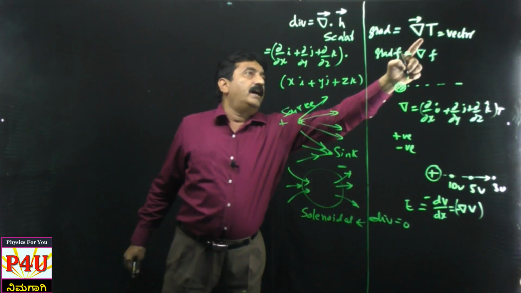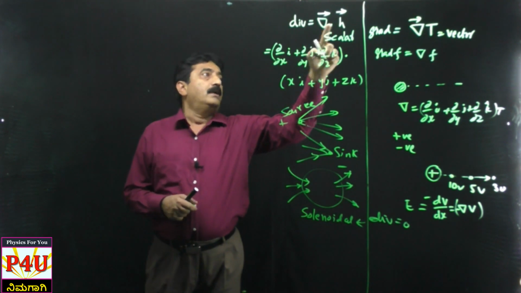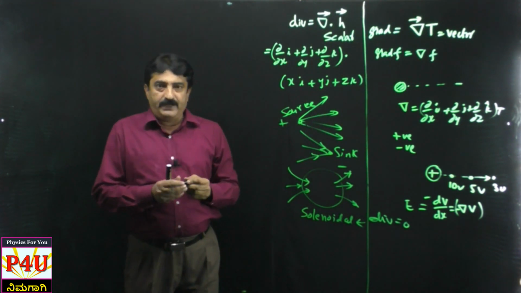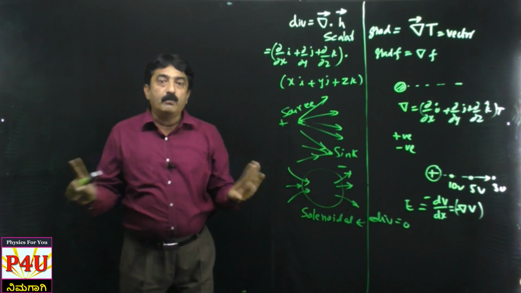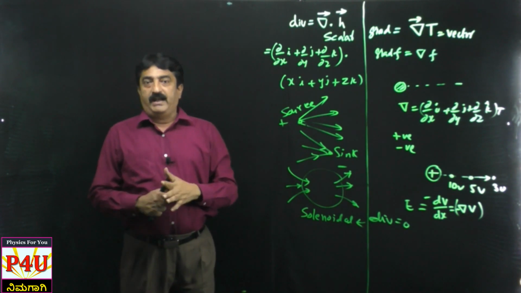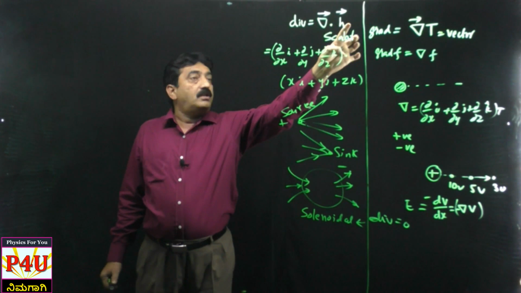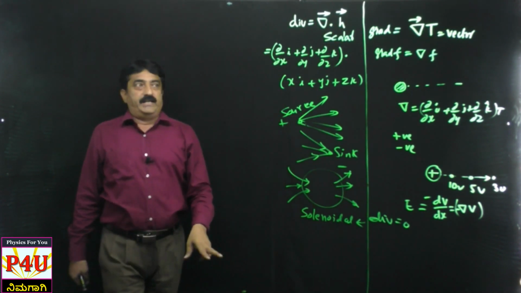See, here also I have del, here also I have del. Divergence means it is a dot product, gradient means it is simply a product. Some specialities: divergence is always taken for a vector. There is no meaning for divergence of a scalar. Even though the final answer is a scalar, we never write del dot a scalar quantity, because a dot product is always between two vectors.